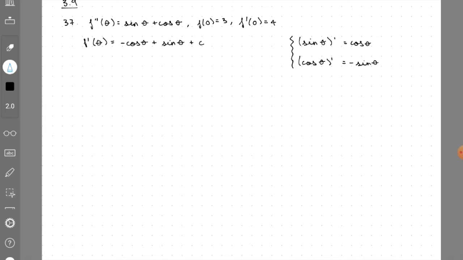Now we know that f of 0 is going to be 3. F prime of 0 is going to be 4. This comes first, so we can actually find out what our c is right from here.